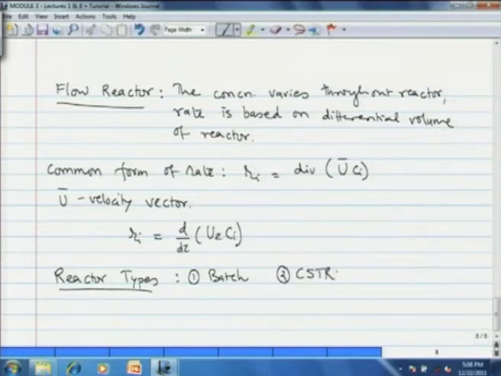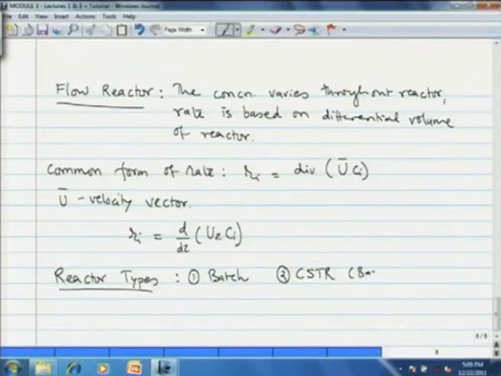Here the reactants are mixed in a particular vessel. However, there is a continuous flow of reactant into the vessel and withdrawal of product from the vessel. So, CSTR is essentially a batch reactor as an open system where there is an exchange of material, like reactant comes in and the product is continuously withdrawn. It is also sometimes known as the back mix reactor.